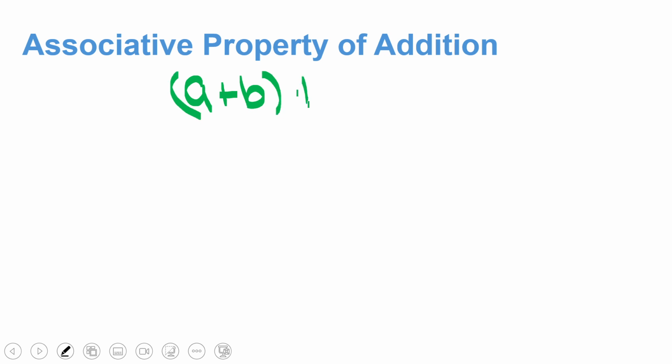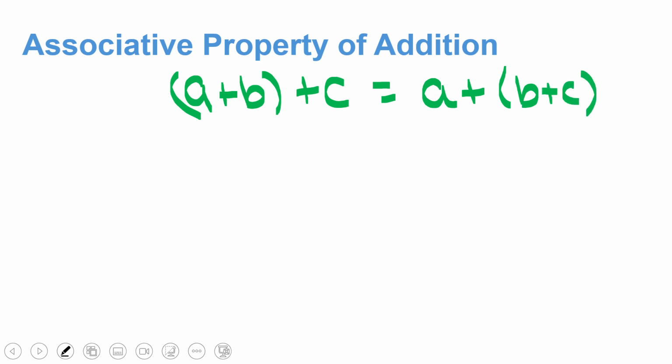In the associative property of addition, we would have A plus B in parentheses plus C, equivalent to A in the front plus now B plus C in parentheses.